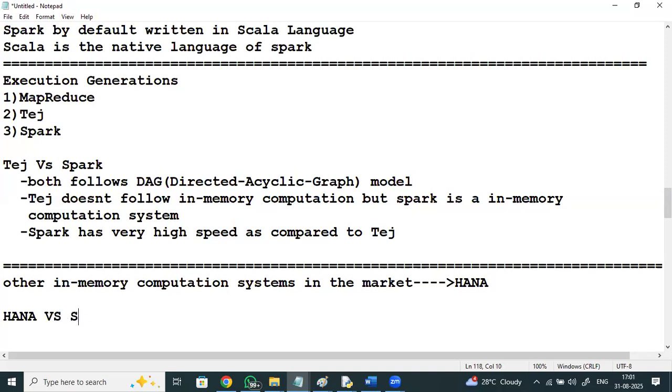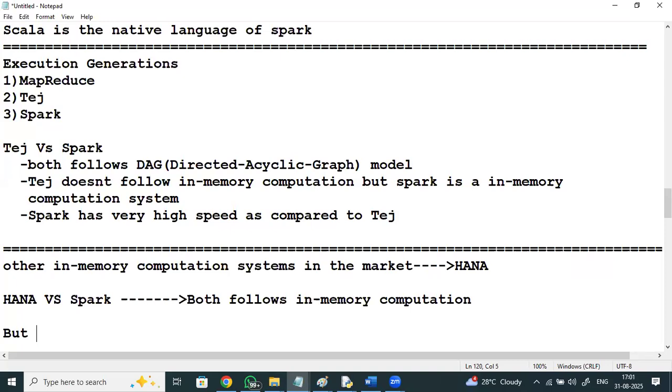HANA and Spark both follow in-memory computation.